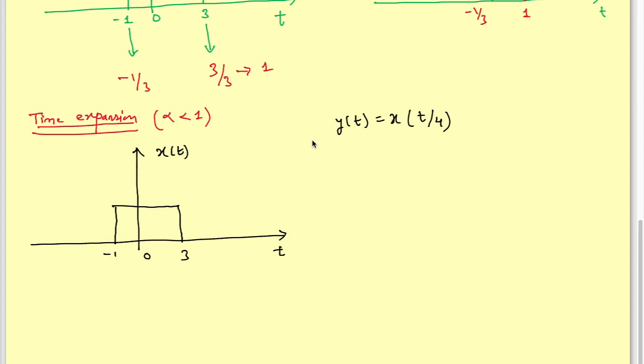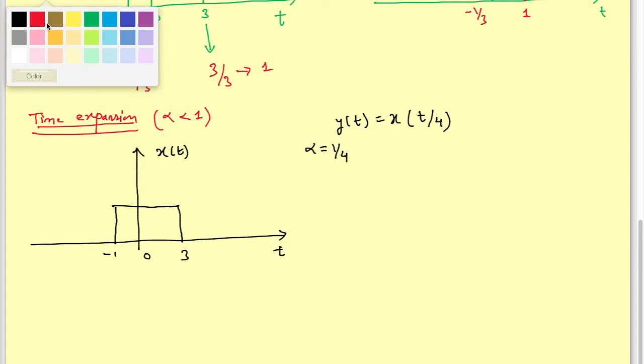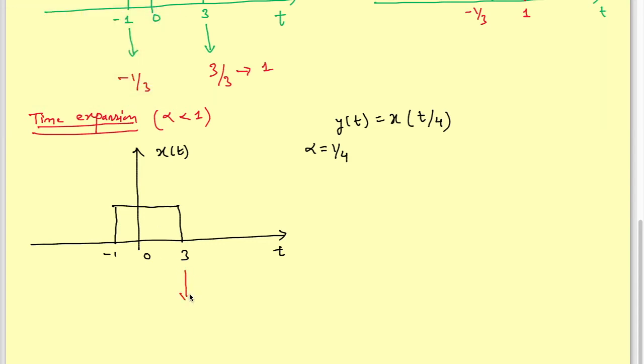That is, alpha here is 1 by 4. So what I have to do here is multiply these points by 1 by alpha. So 3 into 1 by alpha, that is 3 into 4 equal to 12. Likewise, minus 1 into 1 by alpha, that is minus 1 into 4 equal to minus 4.